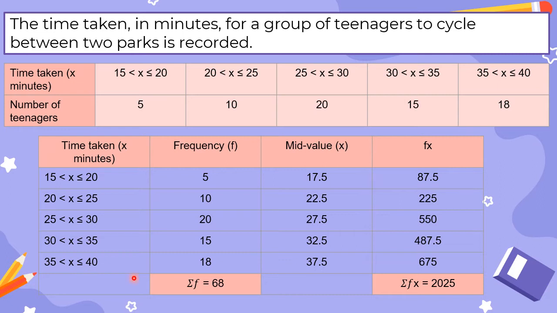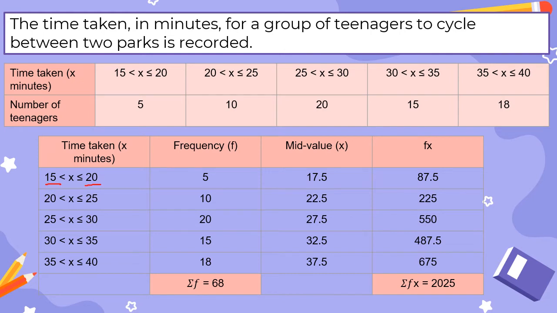Okay? So to get the mid value, you need to add the lower boundary to the upper boundary and divide by 2. For example, here we have 15 and 20.